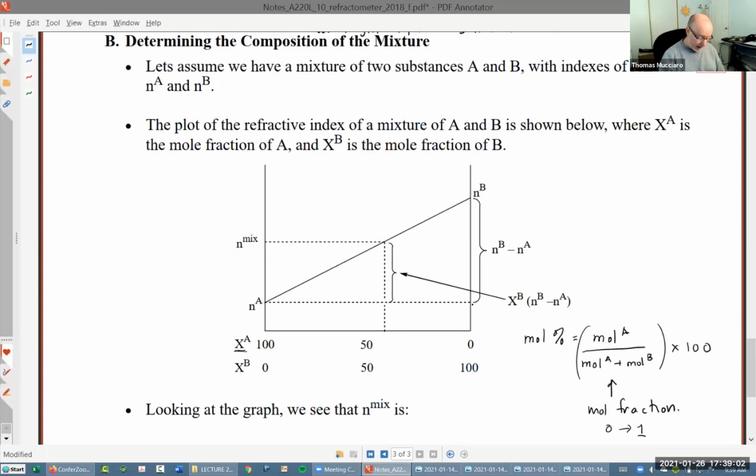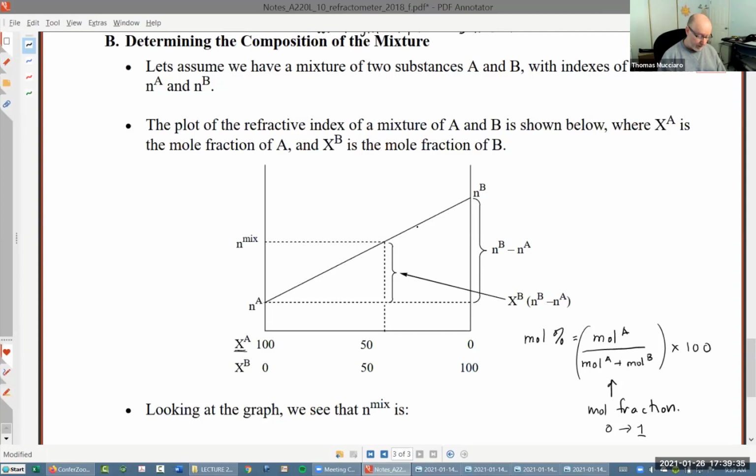And now what we want to know is, how does that refractive index change if we mix them together? So for example, if I have 50% A, 50% B, what is the refractive index of my mixture going to be? Well, it turns out that unlike Raoult's law kinds of things, like the boiling temperature and the melting point, everything where we saw these weird curves, this turns out to be a completely linear relationship.